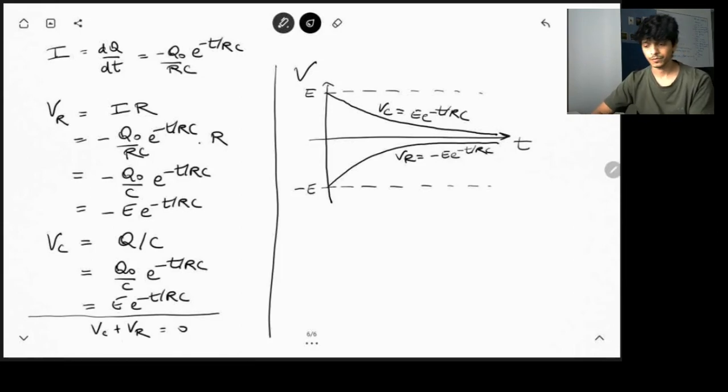And the sum total of these two is always 0. So this is in the discharging mode.